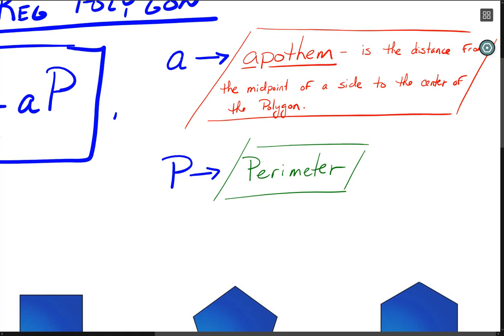Perimeter is the distance around, correct? There is another one we need to talk about here. And it is called the radius. You kind of do.